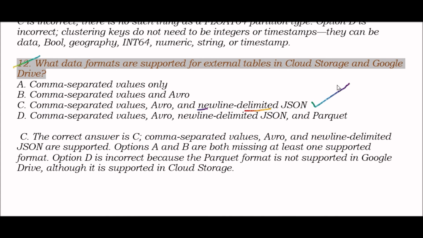Okay, so option C is correct here. Option D, comma-separated values, Avro, newline-delimited JSON and Parquet is incorrect here, because the Parquet format is not supported in Google Drive, although it's supported in Cloud Storage but not in Google Drive. Okay, that's why option D is incorrect, and overall the correct answer is option C.